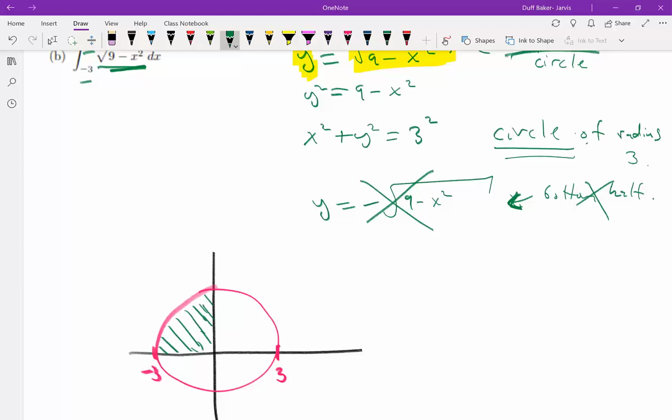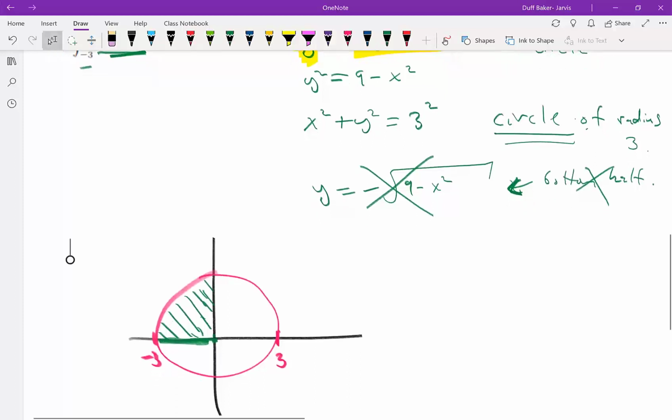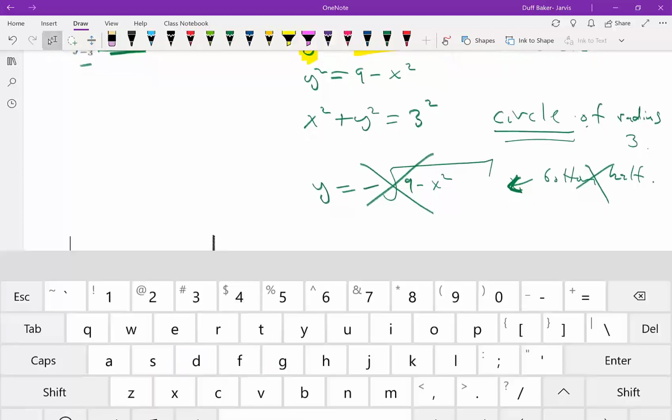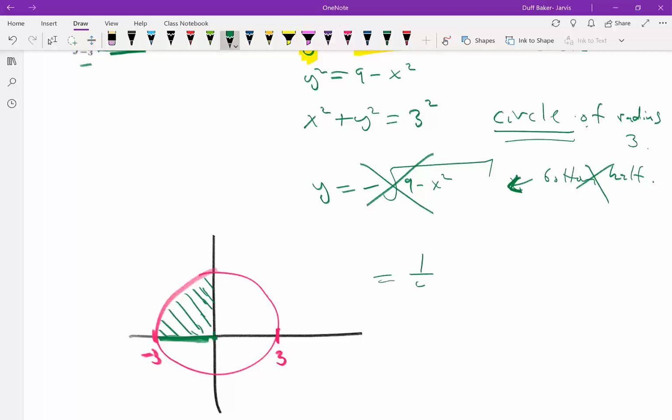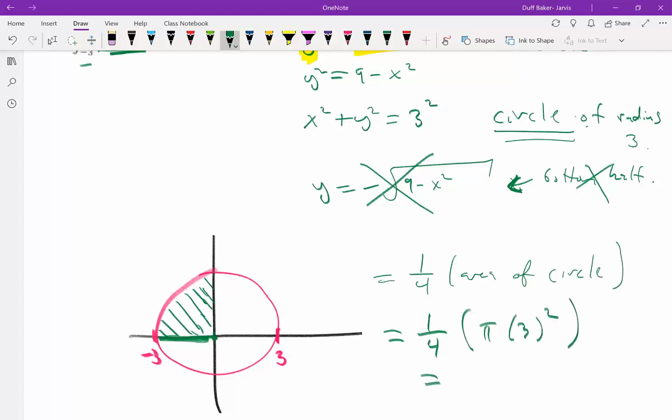Because it's between -3 and 0, and it's only between the top half and the horizontal axis. So it's really just a quarter of a circle. So the area is a quarter of a circle. And we know the area of a circle is pi r squared. We know the radius is 3. So overall, you get 9 pi over 4.